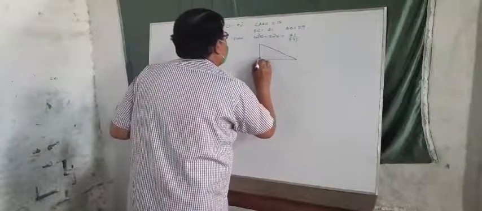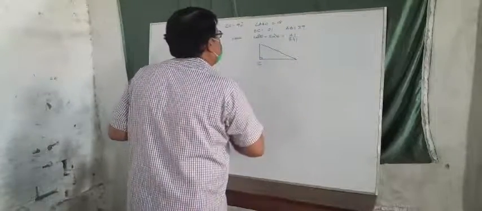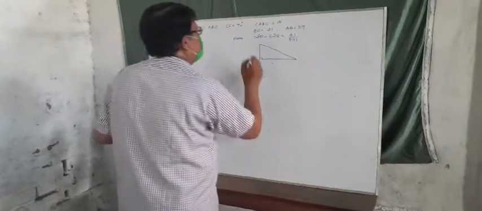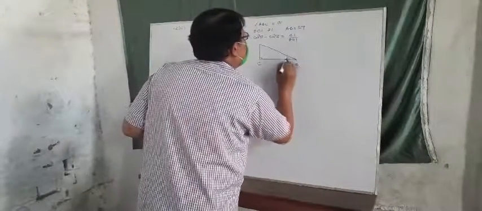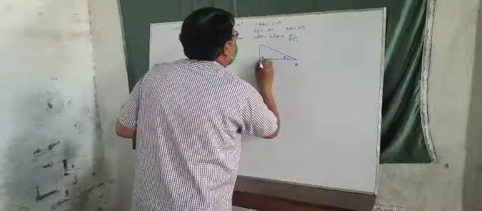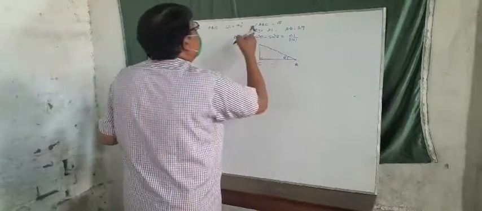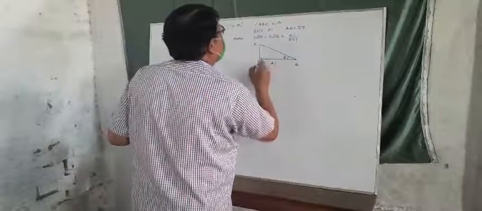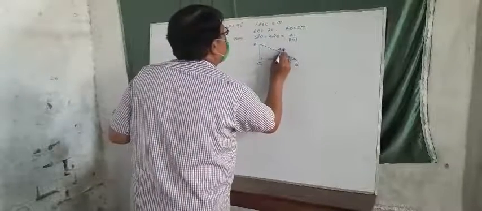We will name this angle as C because C is 90, this is B, this angle is theta, and this is A. BC is 21, AB is 29.